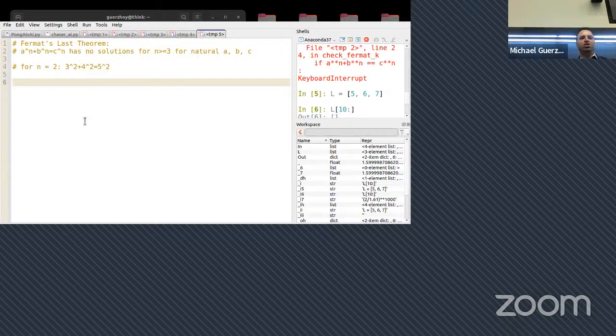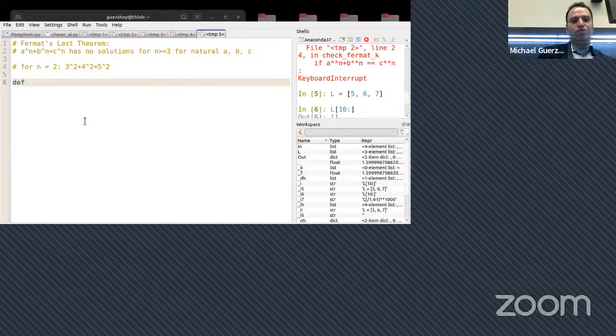What I mean by all the possible solutions is all the a's and b's and c's. The problem is that, unlike with the passwords, where we had a fixed alphabet and a fixed length, here we don't have any of that. So a, b and c could be anything. So we'll do a trick.